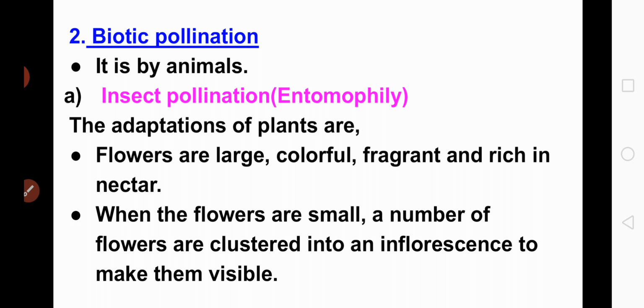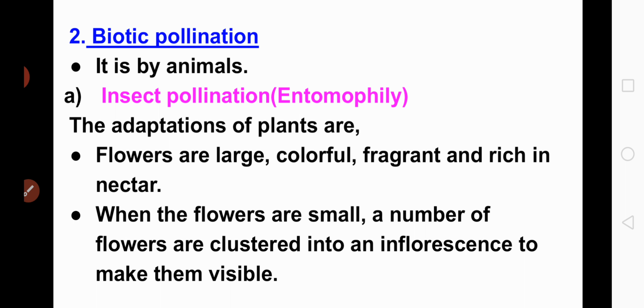Often flowers of animal-pollinated plants are specifically adapted for a particular species of animal. If the pollination process takes place with the help of animals, then it is called zoophily. Once again, I'll repeat: if the pollination process takes place with the help of animals, then such pollination is called zoophily.